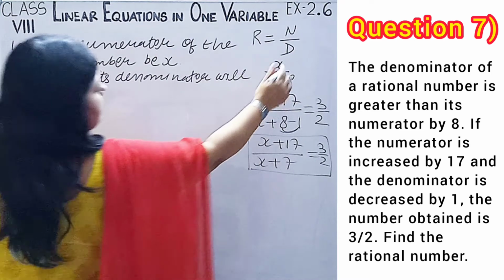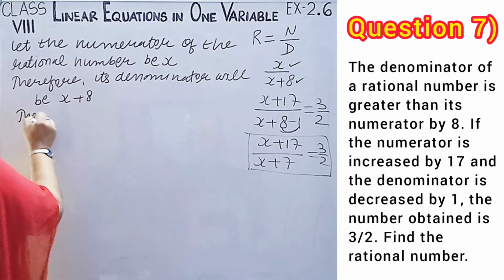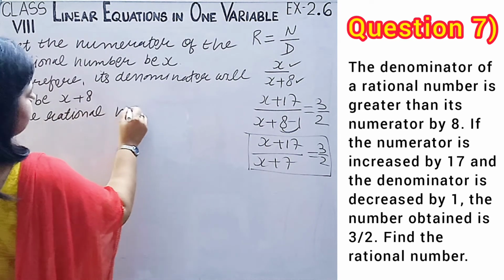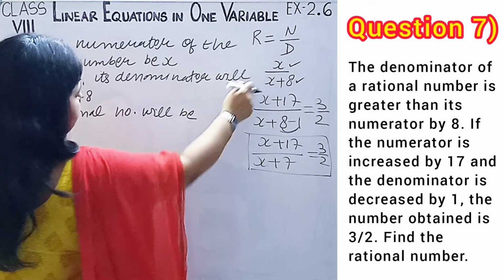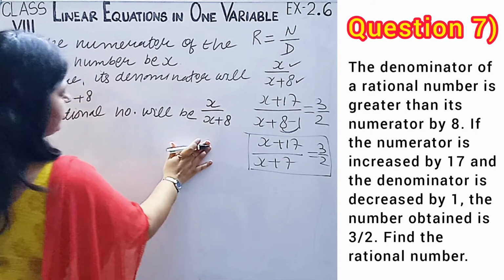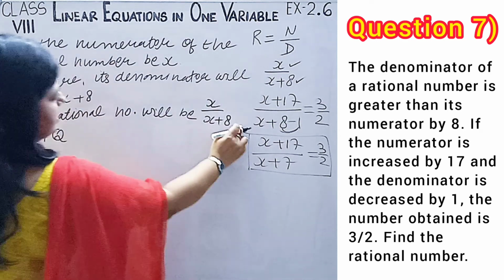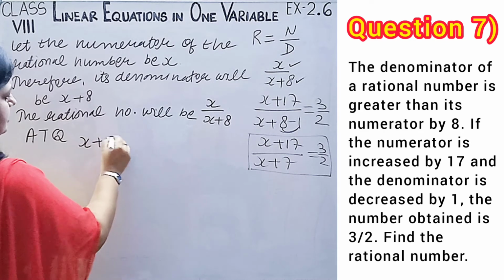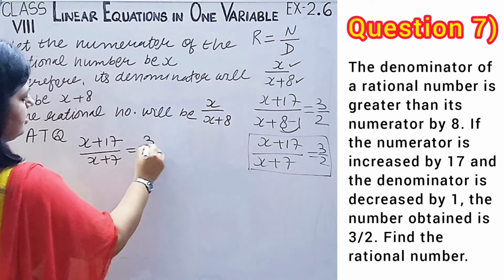Here we have done. Now, the rational number will be this one, x upon x plus 8. According to our question, we have got (x plus 17) upon (x plus 7) is equal to 3 upon 2.